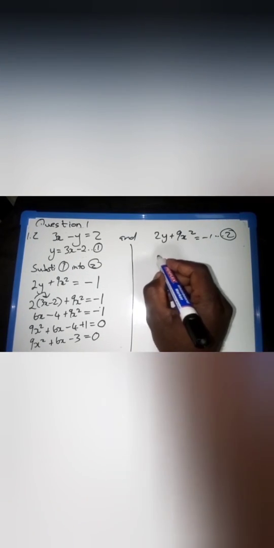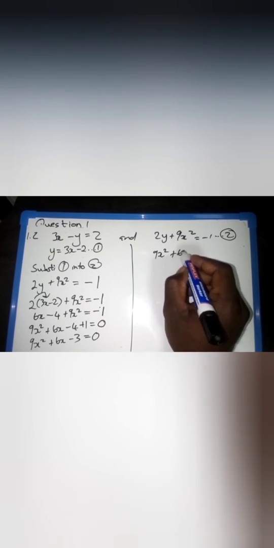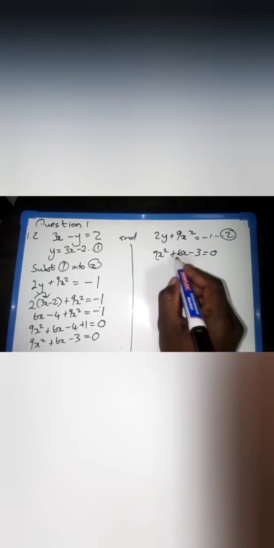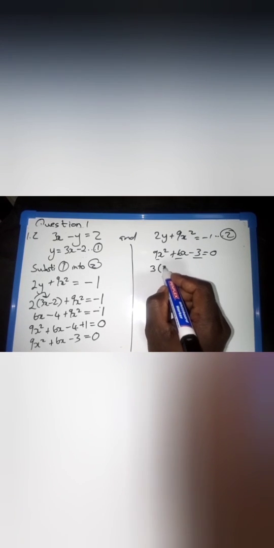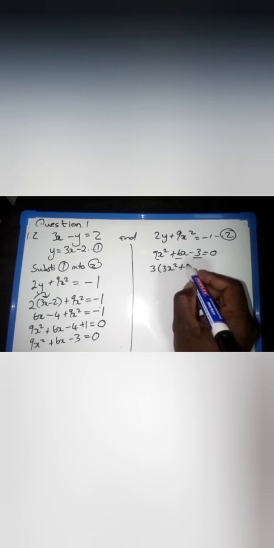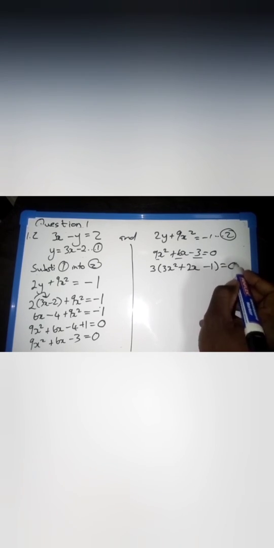So I'm going to continue here. I have 9x squared plus 6x minus 3 is equal to 0. I take out a common factor here. There's a 3. Then you're left with 3x squared plus 2x minus 1 is equal to 0.